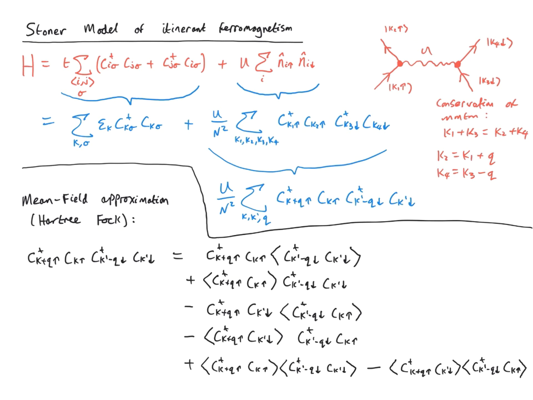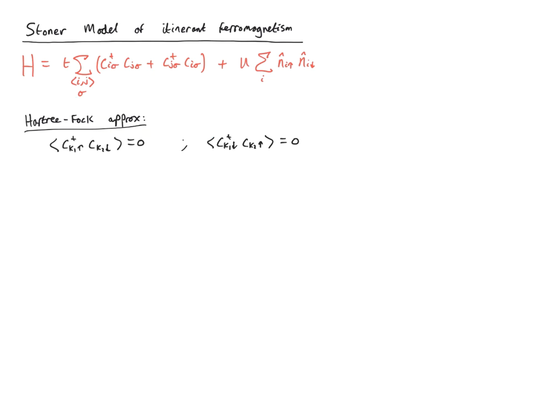So to make progress with this, we use the Hartree-Fock approximation, which is, first of all, that there is no amplitude for scattering of a down state to an up state with any momentum. And that's just because in the original model we had overall spin conservation. So these averages would actually be zero in the original model.